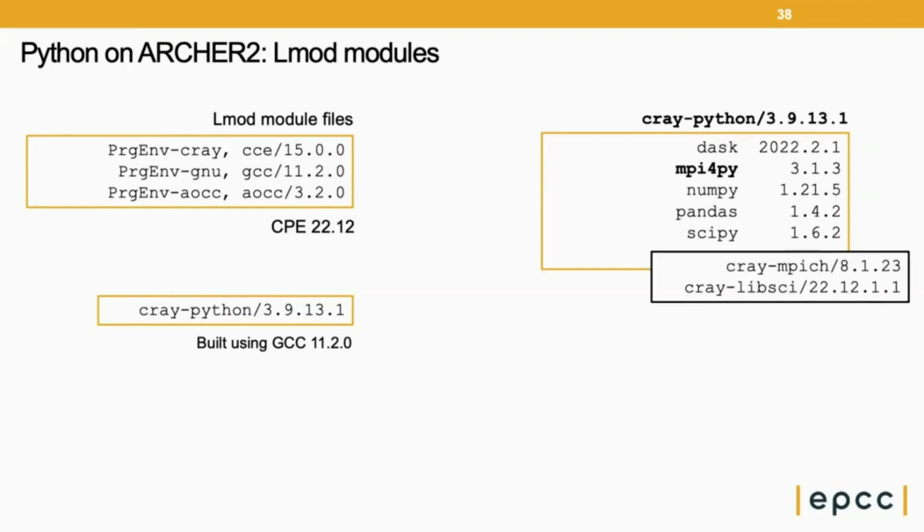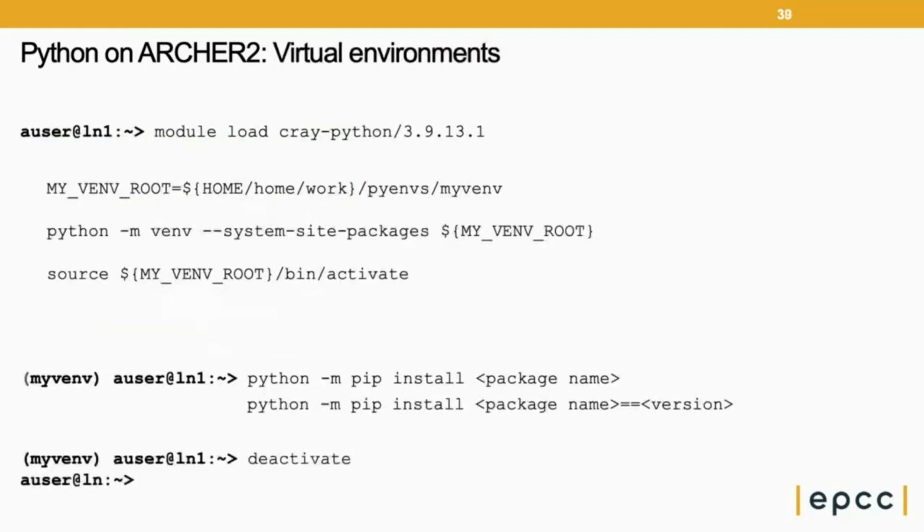And those packages, the mpi4py one is linked to the Cray MPICH library, and I think NumPy and SciPy are linked to the Cray LibSci module, and so that provides the various library routines to do linear algebra and so on.